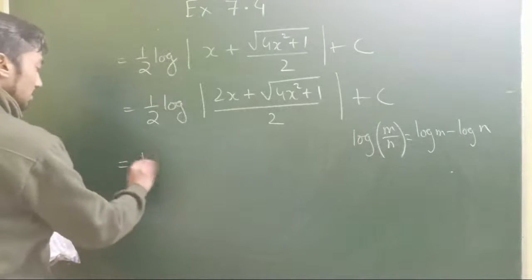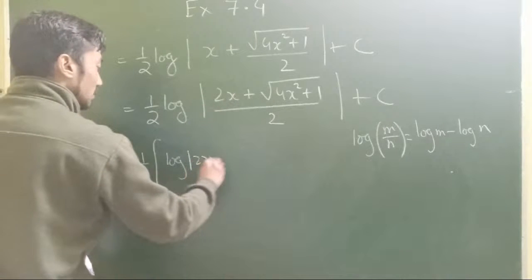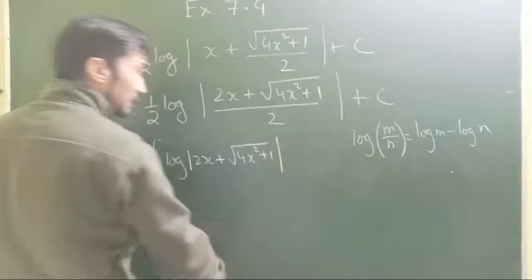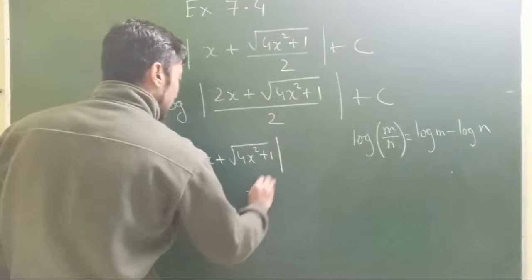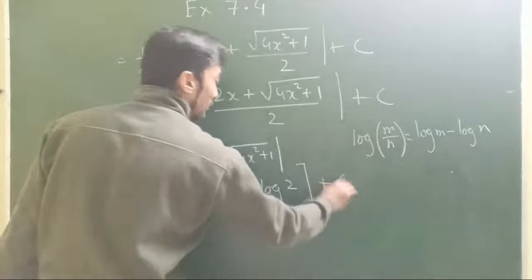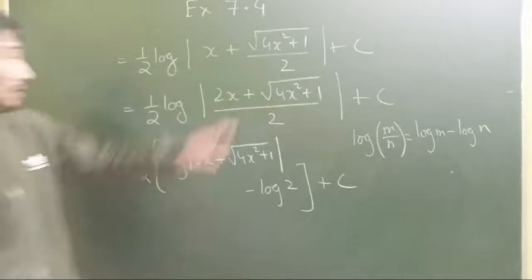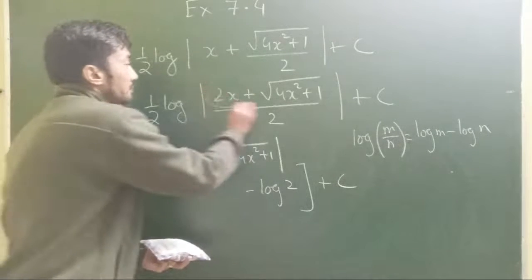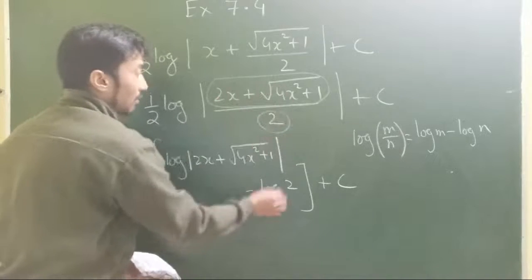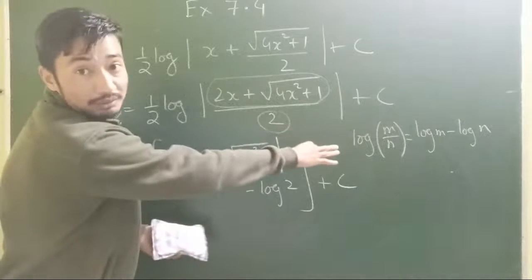So that's going to be 1 by 2 log of this value, 2x plus root over of 4x squared plus 1, minus log of 2. I'm just writing it below here because there's less space. Now log of m by n will be log of m minus log of n, because of this logarithmic principle.